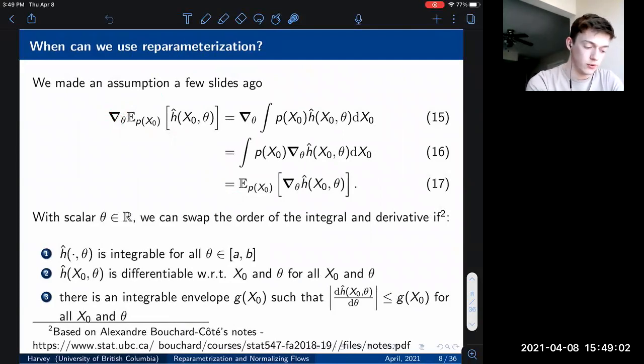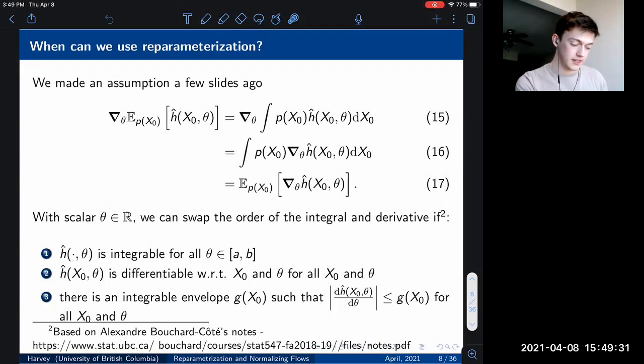We just assumed that we could move this gradient inside the integral. I don't want to get too bogged down in exactly what conditions you can do this in, but I've copied from Alex Bouchard's notes. He gives conditions for when this is possible for a scalar parameter theta.